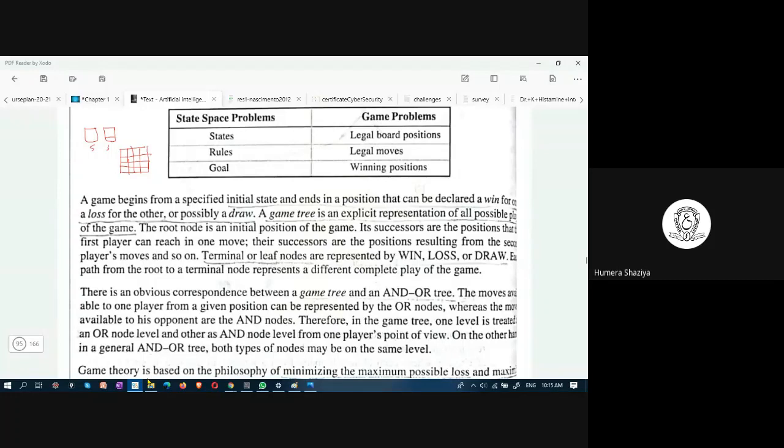A game begins from a specified initial state and ends in a position that can be declared a win or a loss for the player, or possibly a draw.